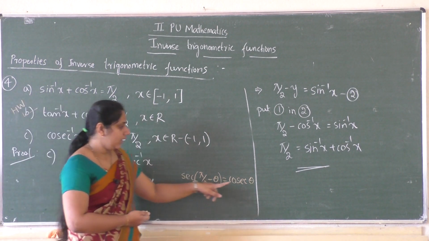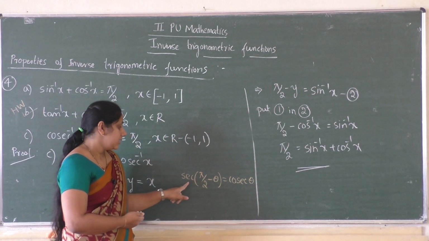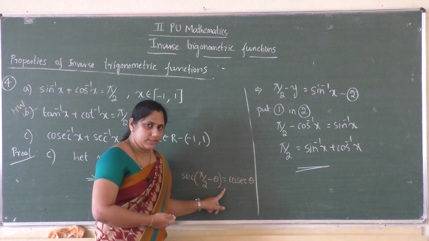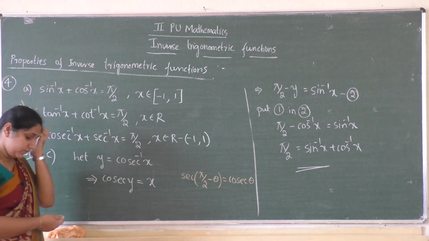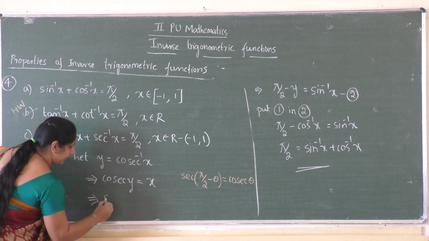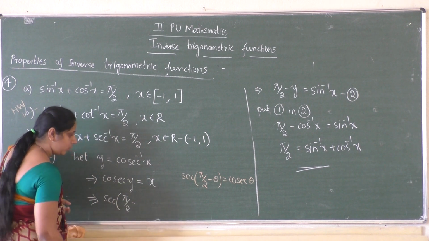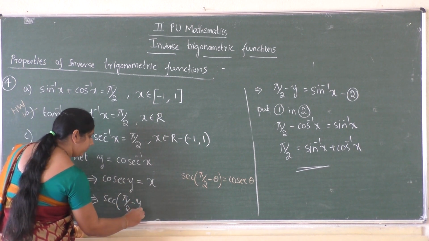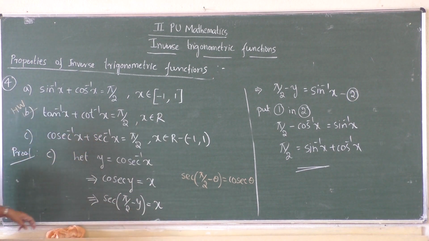So if I have the term cosec theta, then we can write sec of pi by 2 minus theta. So if I apply the same formula here, cosec y can be written as sec of pi by 2 minus y, which is equal to x.